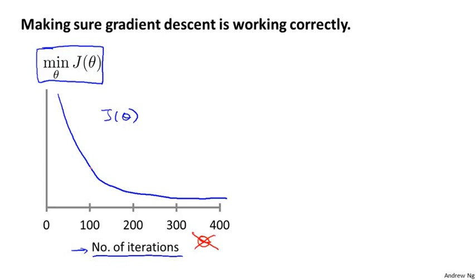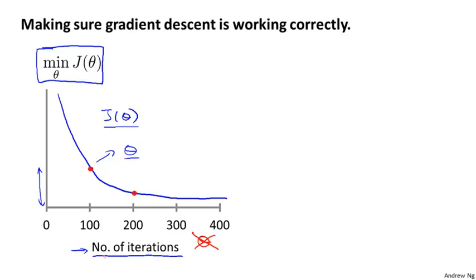Concretely, what this point is: I'm going to run gradient descent for 100 iterations, and whatever value I get for theta after 100 iterations, I'm going to evaluate the cost function J of theta for that value of theta, and this vertical height is the value of J of theta for the theta I got after 100 iterations of gradient descent.